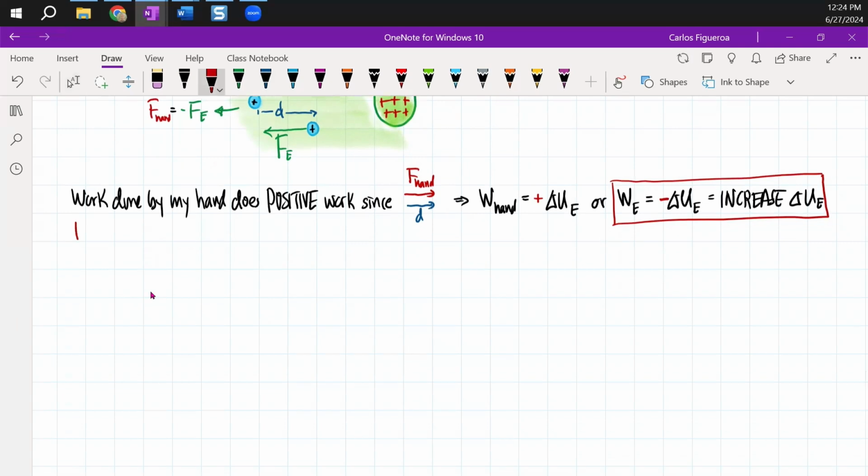So to try to put this in the language of a picture, this is what I have. I have an initial electrical potential energy state, and it's going to look like this.